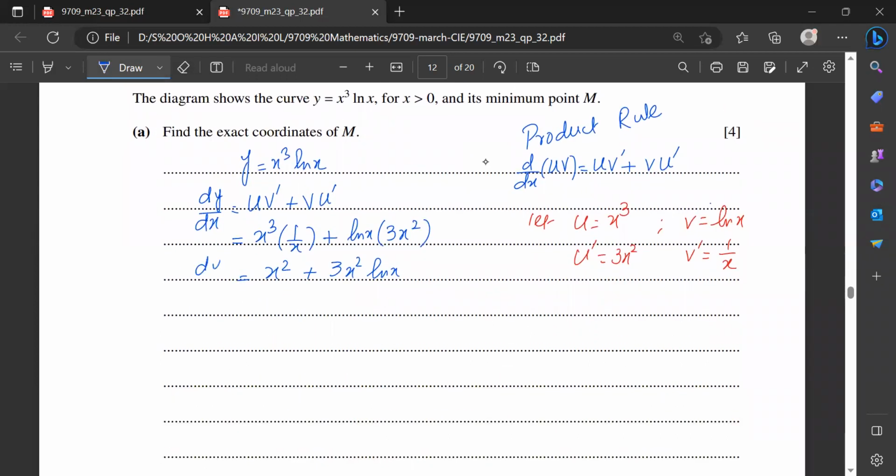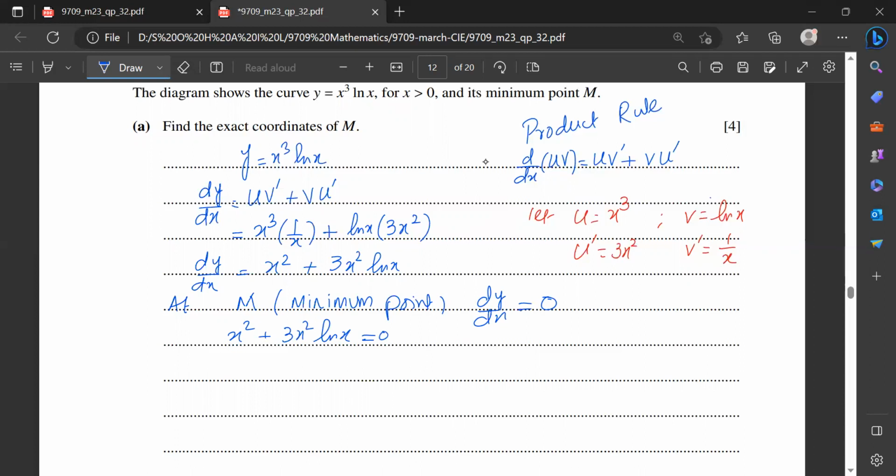So dy by dx is there. Write down at M, which is the stationary point, the minimum point of the curve, dy by dx is equal to 0. So x squared plus 3x squared natural log of x equals 0.